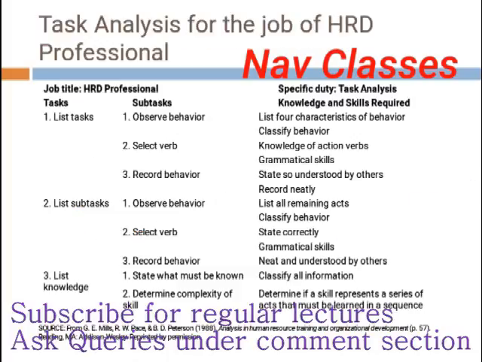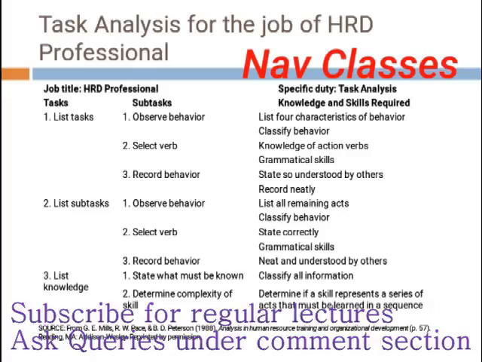See here, job title. We are doing this analysis for an HRD professional. We list all tasks and then subtasks for them. After that, the KSAOs required to do those tasks. Then for all these subtasks, we list them out. After listing them out, we make another subtask of them, observe their behavior, select a verb, and record the behavior. After that, their required KSAOs are written.